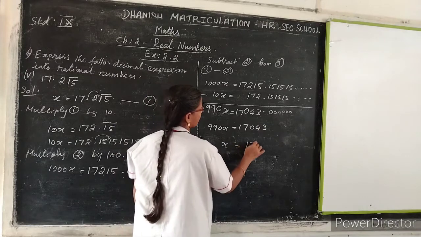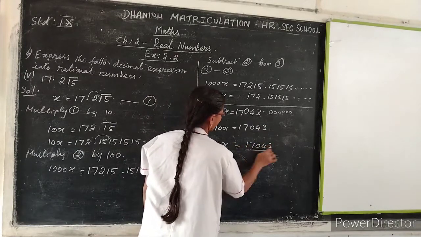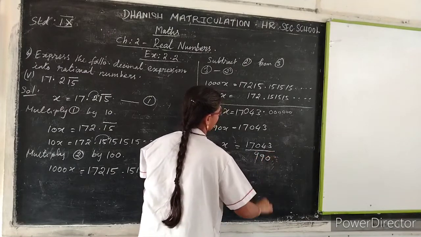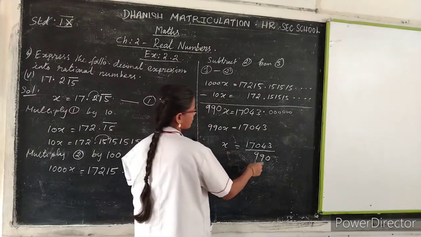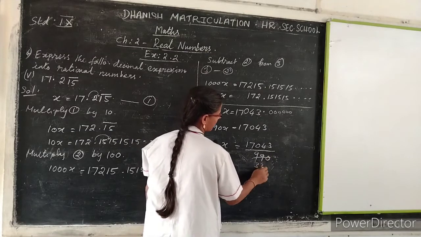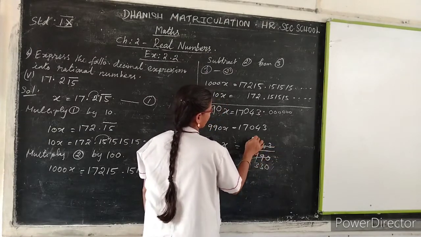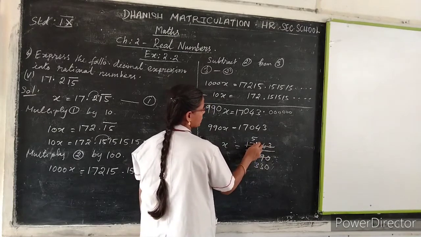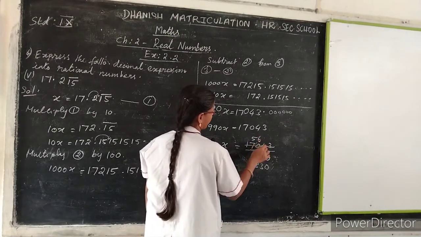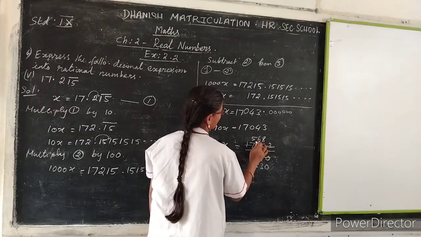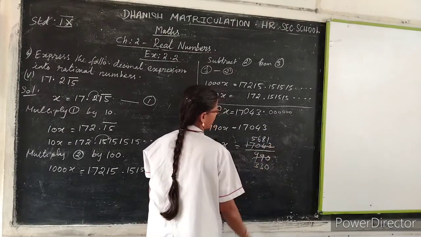Therefore x is 17,043 divided by 990. The 3 table is going: 5 3s are 15, balance 2, 6 3s are 18, 8 4s are 34, 1 time.